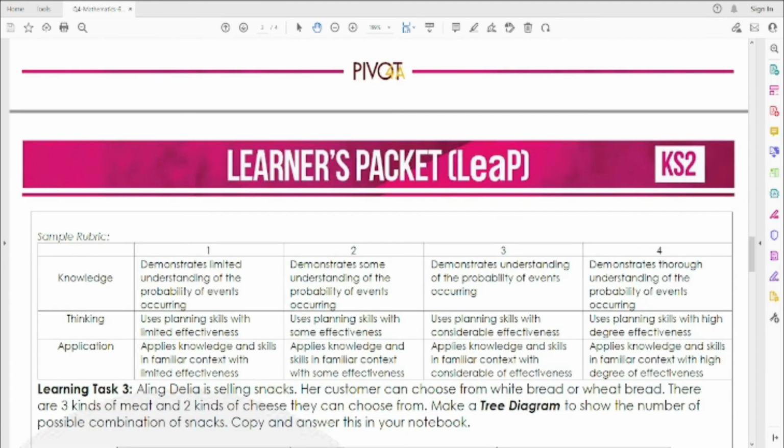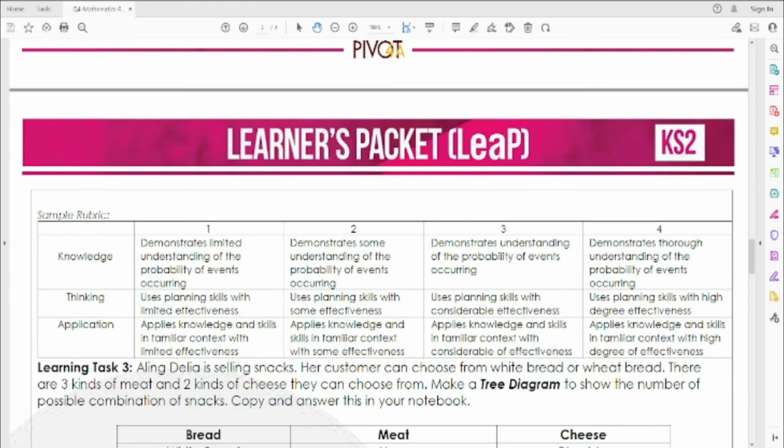And now, look at this. This is the rubric that you can use so that you can get a higher score. We have knowledge, thinking, and application. Under knowledge, we have demonstrate limited understanding of the probability of events occurring.